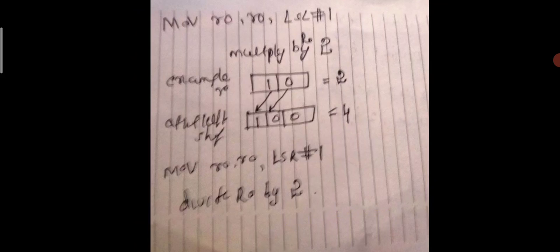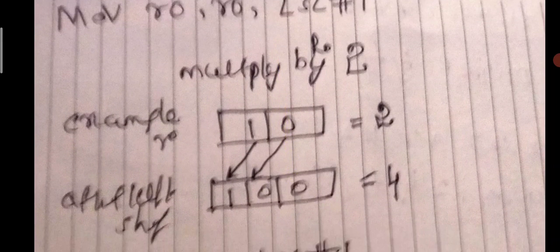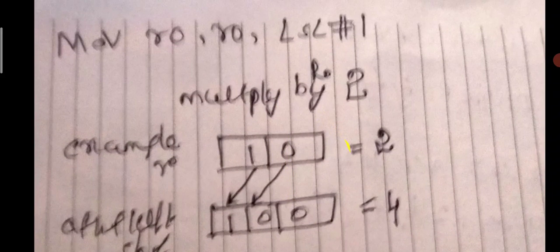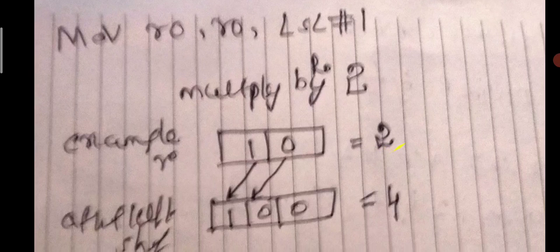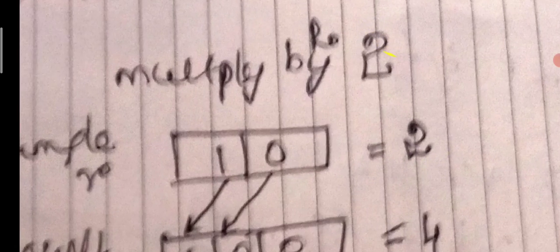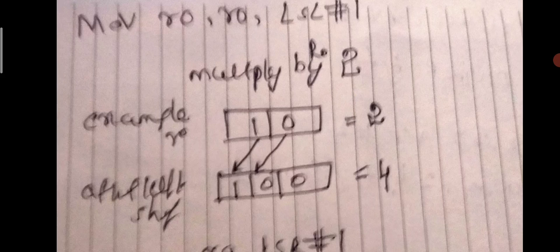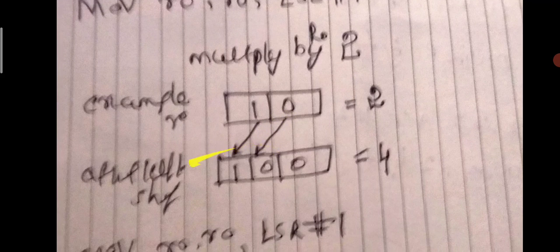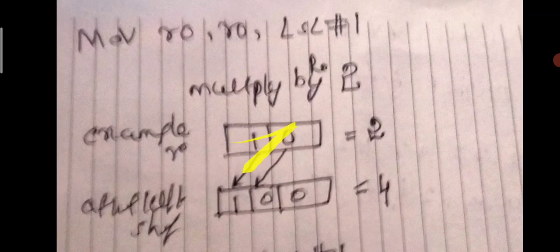Now please observe MOV R0, R0 LSL #1: R0 logically shifted left by 1 and stored in R0. The value of R0 is 2, binary 10. If you logically shift left one bit, the 1 will come to this side and a 0 will come to this side; the LSB is filled with 0.